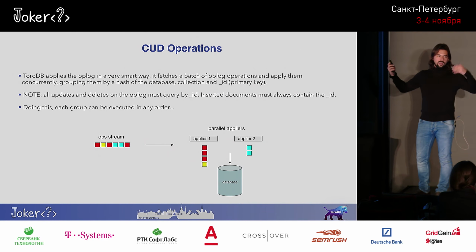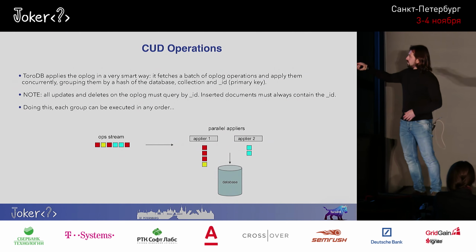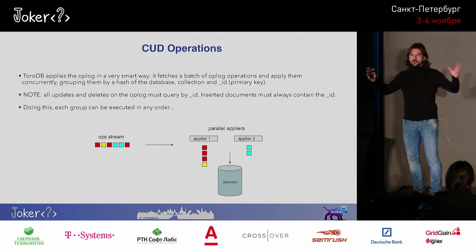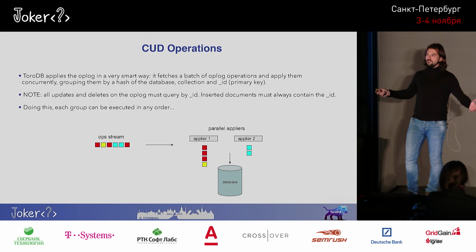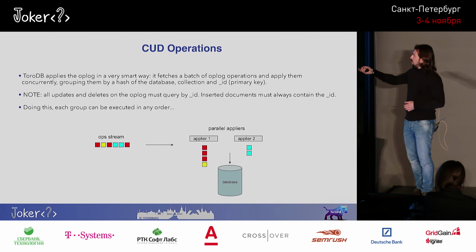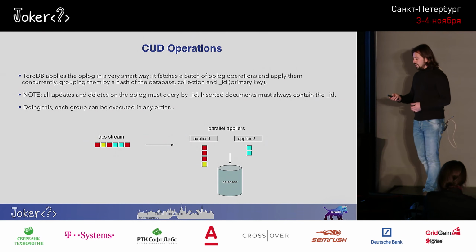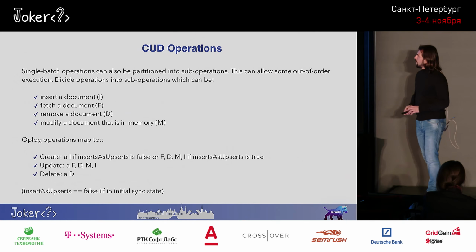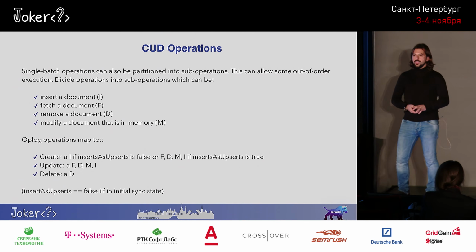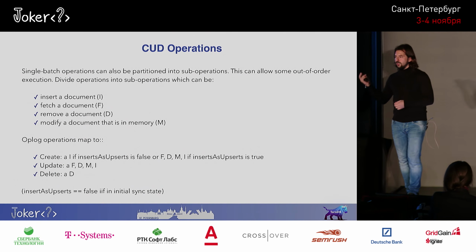However, operations that go to a different database or collection or ID, or any of those, can go to a different applier because they are not related, because in MongoDB there are no foreign keys, there are no relations. So we can do this very easily. And we can create as many parallel appliers as we want, and this is a very easy technique, and it really improves performance. But even more, these operations that we call CUD, create, update, delete, are internally not atomic on a database like ToroDB.